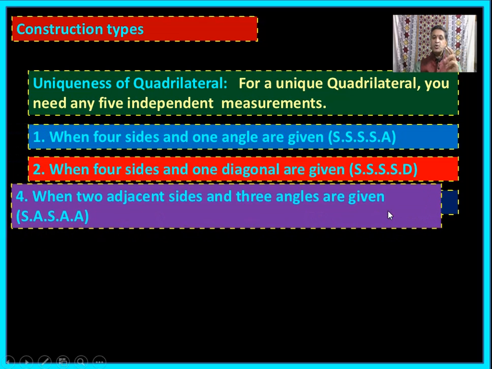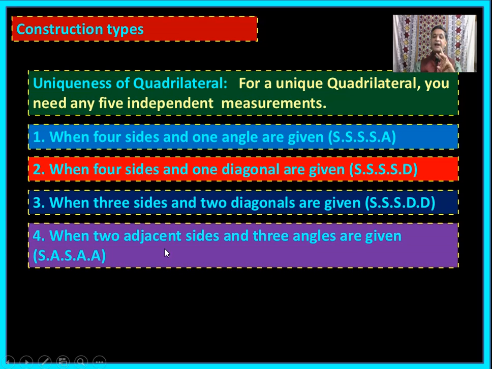And the fourth combination, when 2 adjacent sides and 3 angles are given. The condition should be adjacent sides, not just any 2 sides. AB, BC, or AB, AD are adjacent sides. Then the angle between these 2 sides.